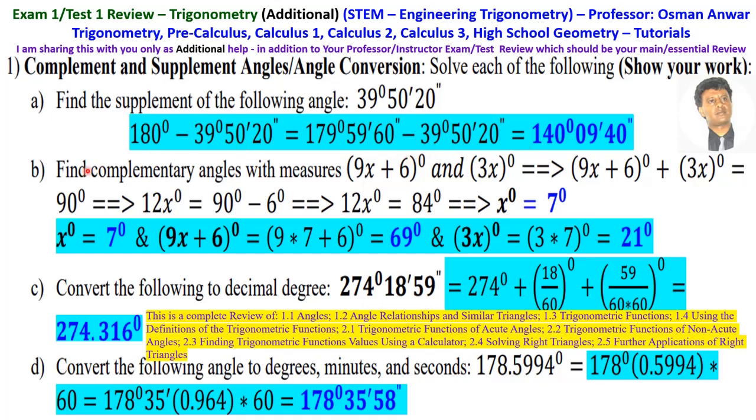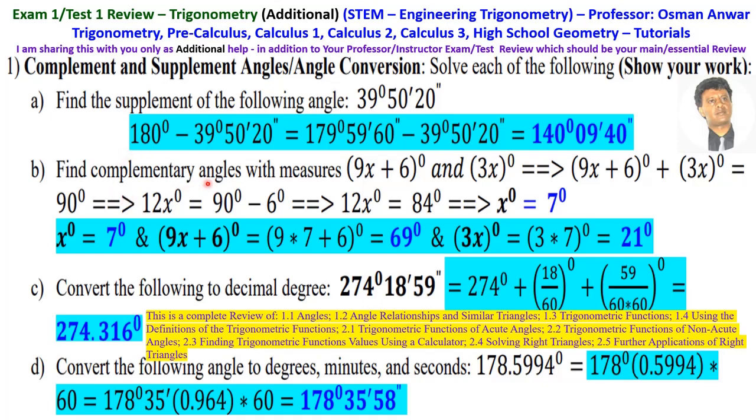Okay. So the answer is 140 degree and 9 minutes and 40 seconds. 39 degree, 50 minutes and 20 seconds, and 140 degree and 9 minutes and 40 seconds are supplement to each other. If you add them, they will add up to 180.